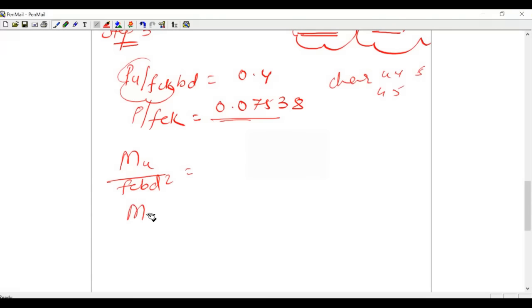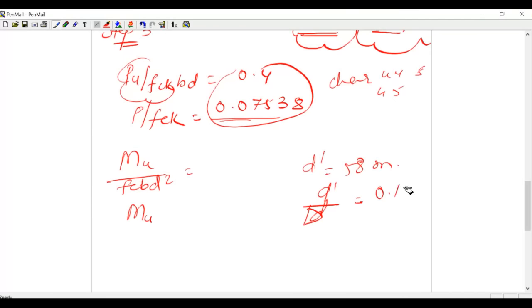So along the x direction, with the chart you'll get the value after interpolation of Mu upon fck bd square, where you'll need d dash. So d dash in our case is 58 mm. So the ratio d dash by D is 0.116.